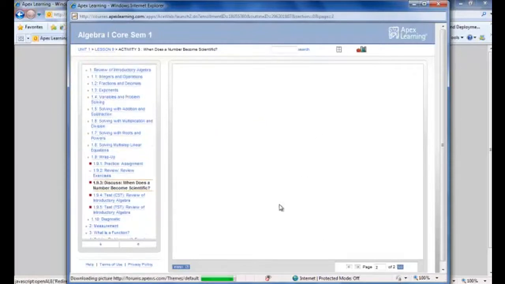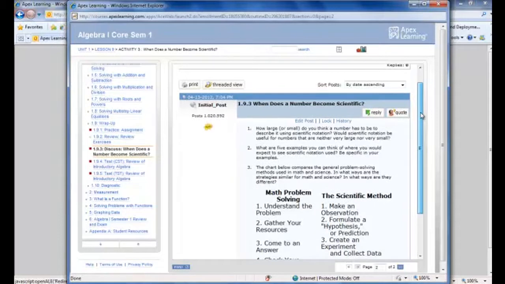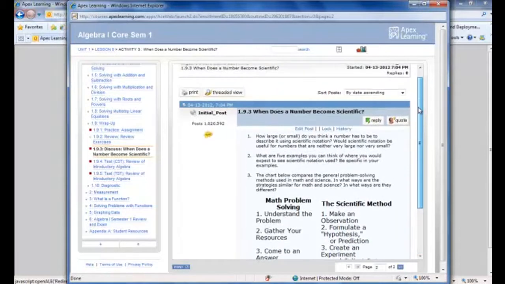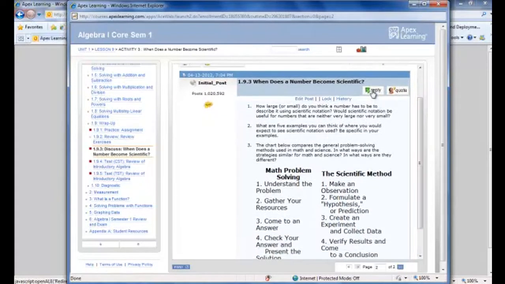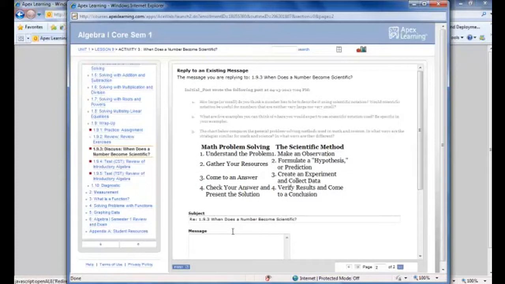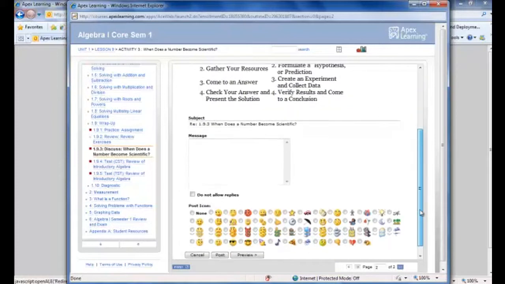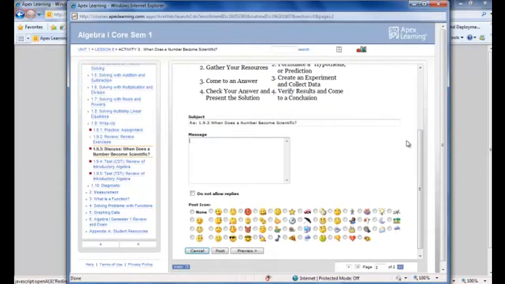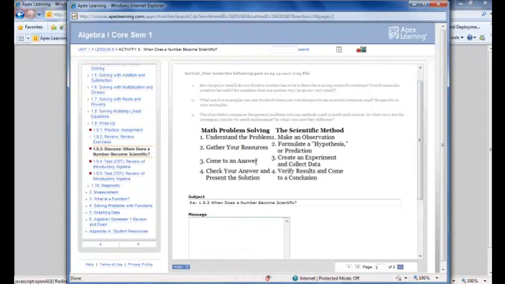So I go to the next page and it pops up the question, and I need to reply to be able to make the post. So you click on reply and a new window appears. And I can type my message right here. You need to make sure your message is responding to a question that is given to you.